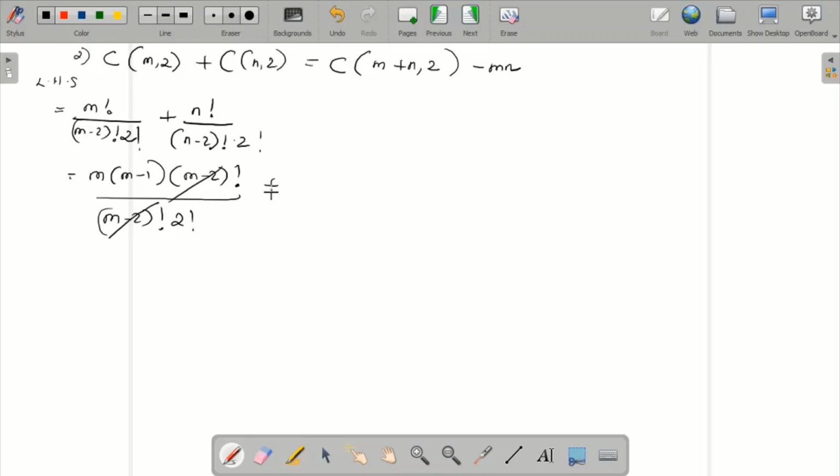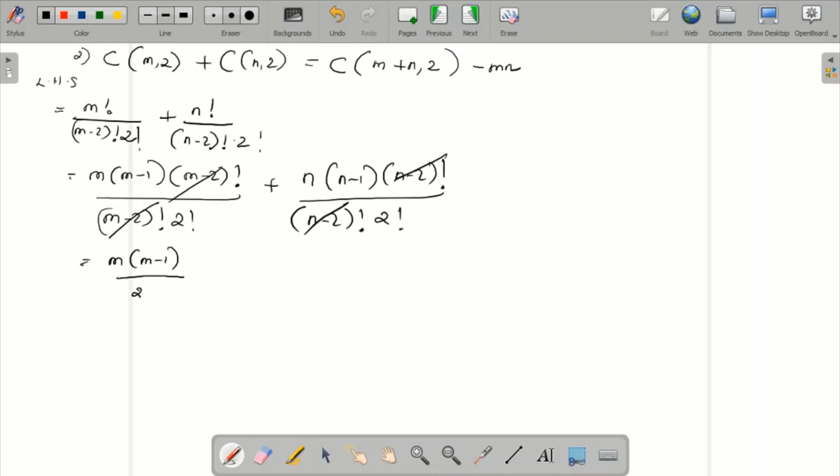So this and this get cancelled, plus n into n minus 1 into n minus 2 factorial divided by n minus 2 factorial into 2 factorial. So this and this get cancelled. So it would be m into m minus 1 divided by 2 factorial plus n into n minus 1 divided by 2 factorial.